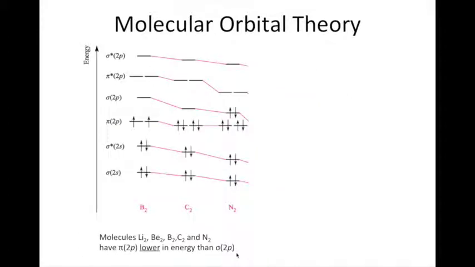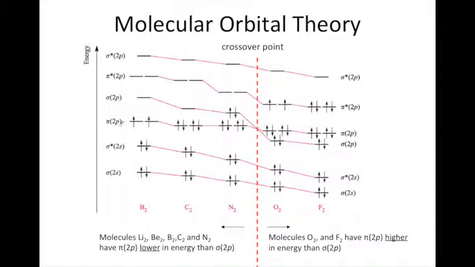Now there is one thing to note. The order of the molecular orbitals, we've just shown you what they are. However, the energies tend to change as we go from left to right across the periodic table. In particular, when we get to, say, B2, C2, N2, those follow the same order that we've just shown you. But for O2 and F2, there is actually a crossover point.